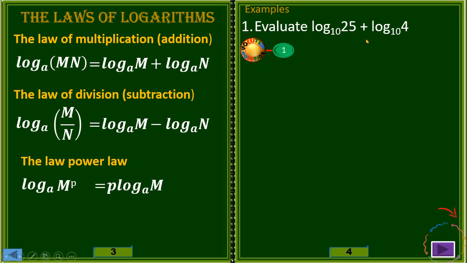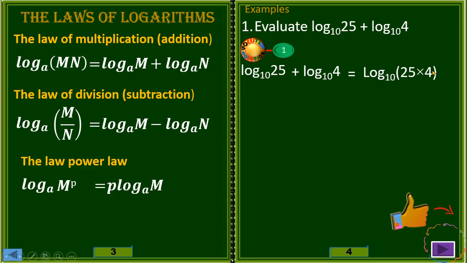So we can change from the law of addition back to the law of multiplication. Therefore, log 25 plus log 4 will be equal to log 4 times 25. We can simplify this further by multiplying 25 by 4. Doing that, we are going to have log 100 base 10.